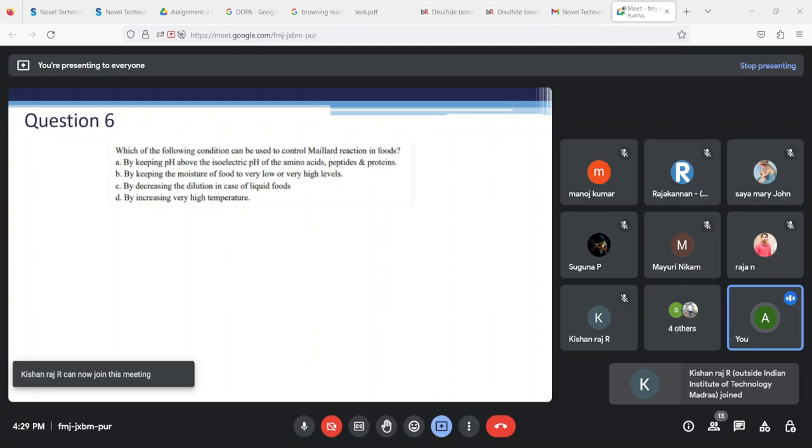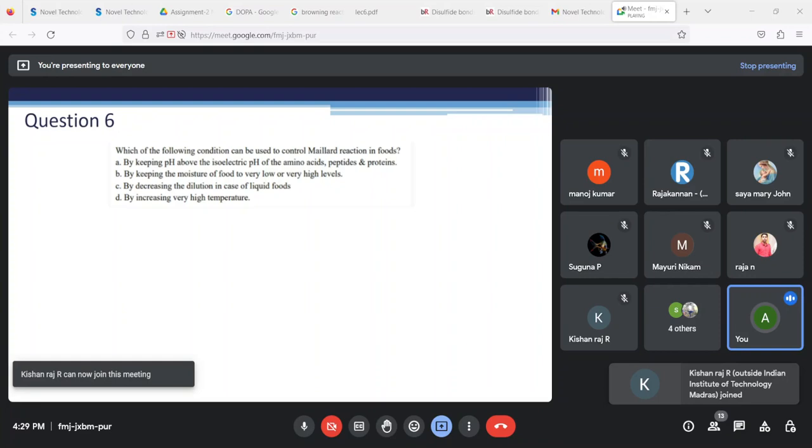Which gets protonated and which gets deprotonated? So what is the characteristic point of very low pH? What happens in the solution? There are too many H plus ions, which is why you have a very low pH.